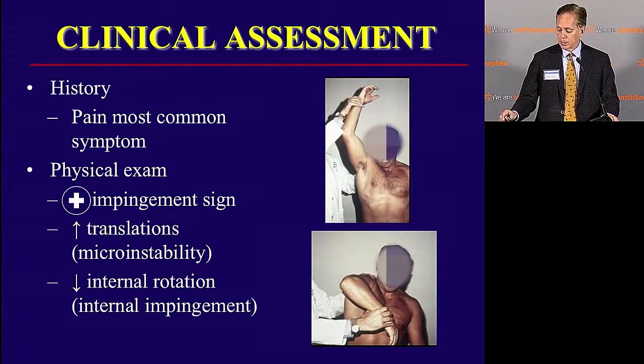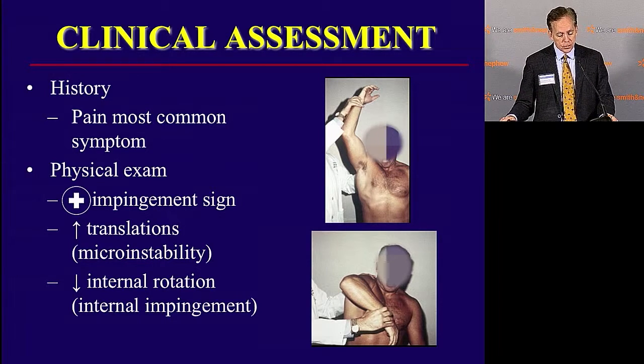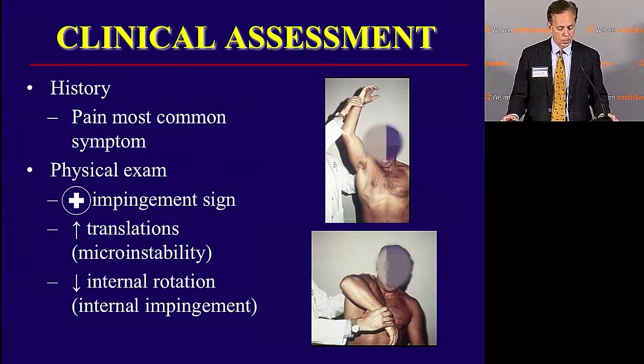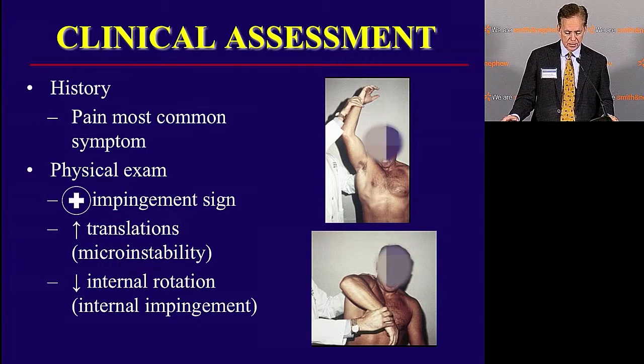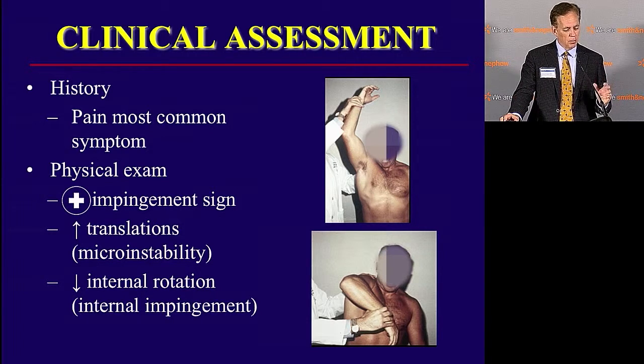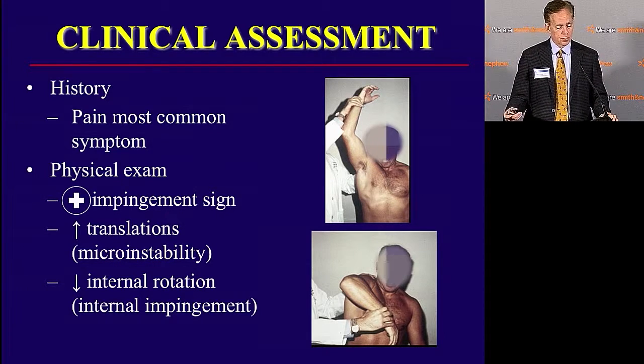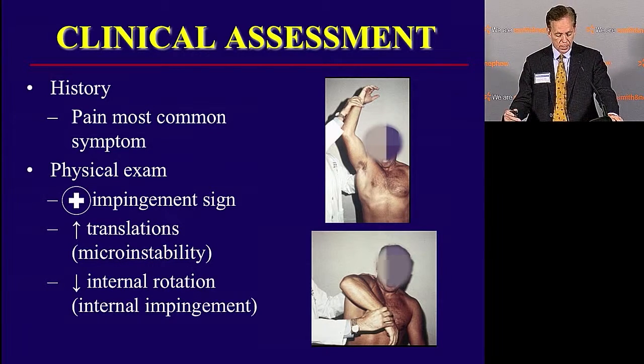So clinical assessment of patients with partial thickness tears, well, pain's the most common symptom, just as it is with full thickness rotator cuff tendon tears. And physical examination is typical for what we might expect in rotator cuff pathology, positive impingement, and then those microinstability internal impingement patients, maybe some other findings specific to that, like internal rotation loss.